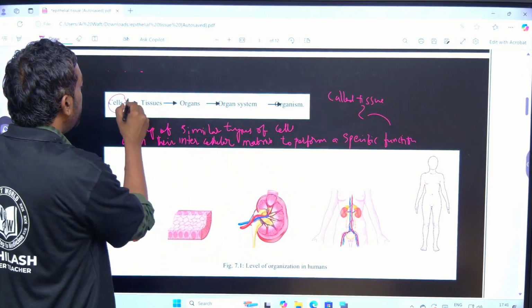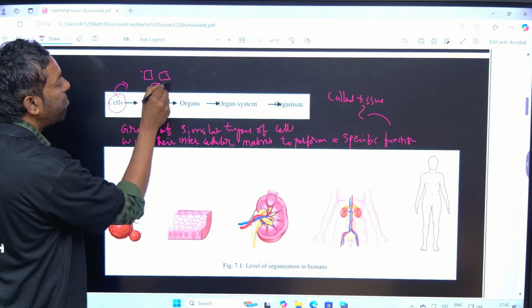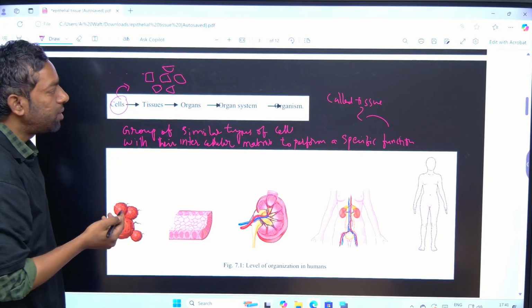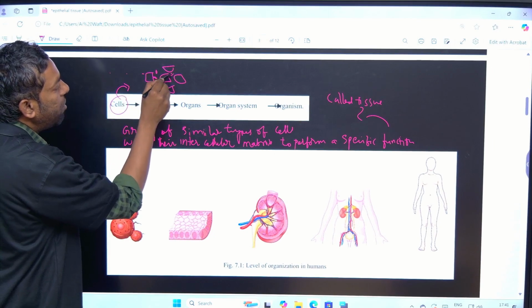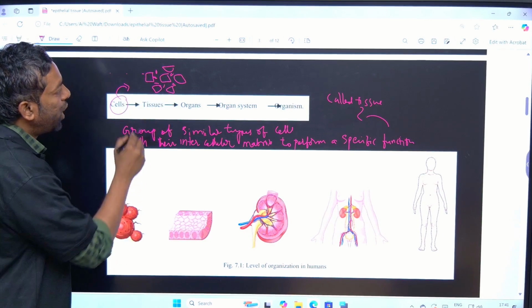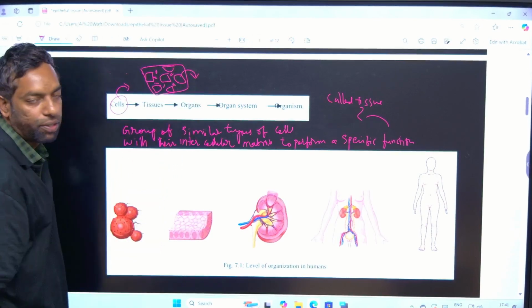Meaning a group of similar type of cells with their intercellular matrix, meaning there is a space between the cells. This is called intercellular matrix, to perform a specific function called tissue.